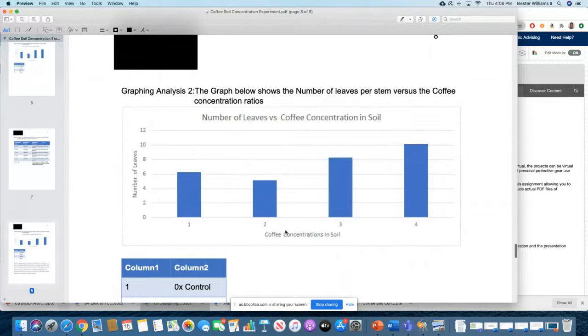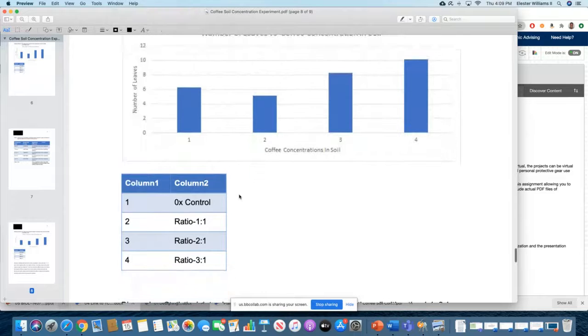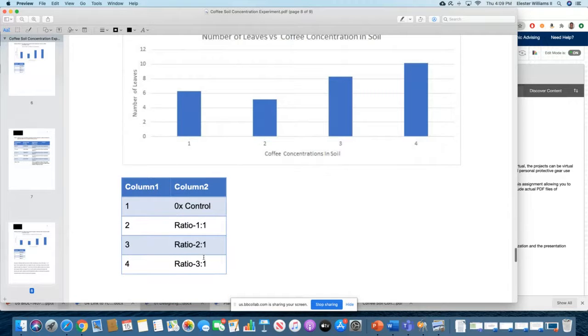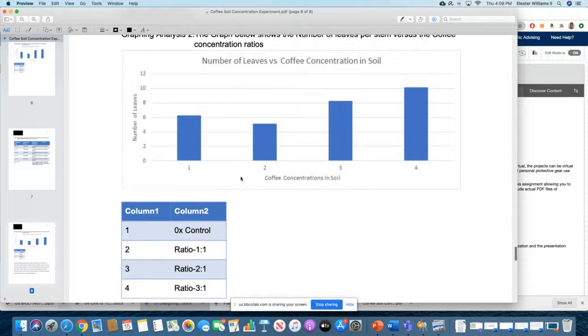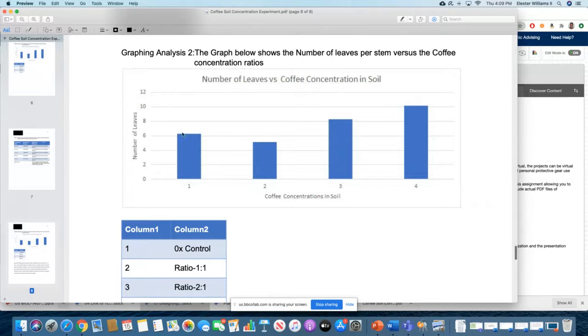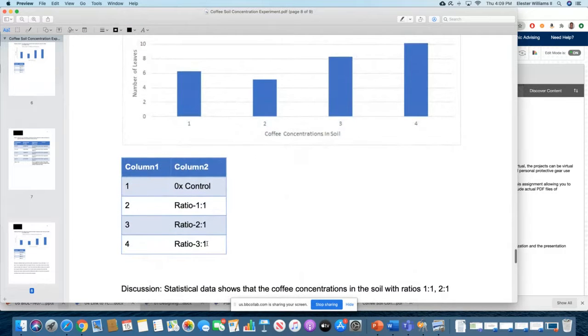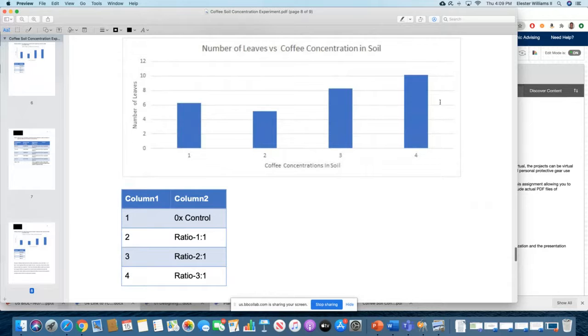Number of leaves versus coffee concentration in soil. This is a relatively straightforward graph, which I like. In this legend here, they tell you what the 1, 2, 3, and 4 is. Just glancing at this data, you notice that the control has around 6 leaves, but the 3-to-1 ratio, the one with the least caffeine in it, I believe, had an even higher number of leaves than the control.